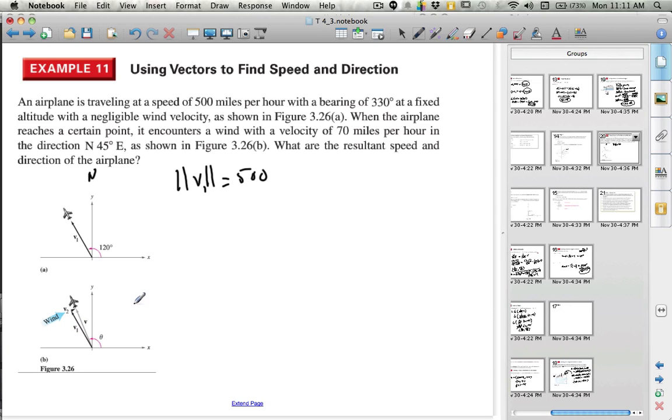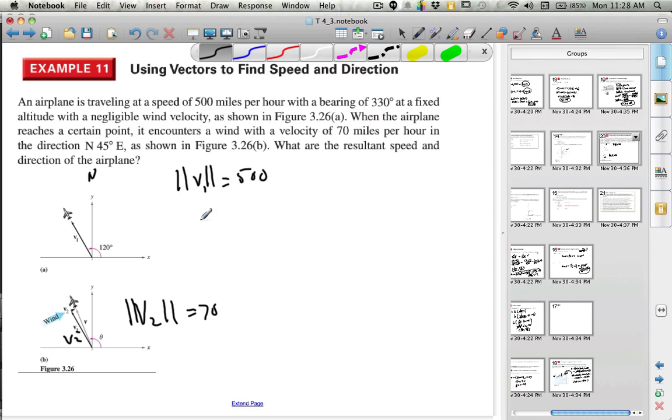This new vector, I'm going to call that V sub 2, the magnitude of V sub 2. They called this V sub 1 and V sub 1, that's a little crazy, is 70. Okay, and what we want to find out is how that changes the speed and the direction of the airplane. So now if I want to go ahead and find the component forms of my two different vectors, I can go ahead and use the formula we've used before.